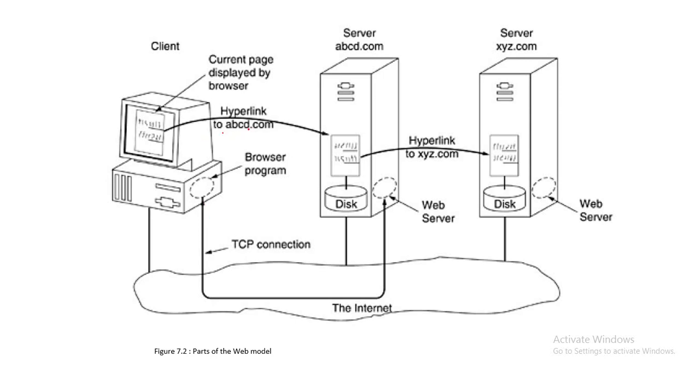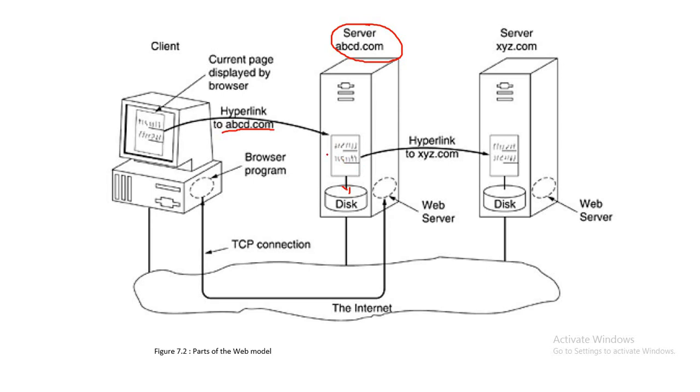Suppose a user is accessing abcd.com, so the server of abcd.com will respond with the home page from the disk. Suppose the page is available in the cache memory, then the server will respond from the cache memory. Otherwise, the server will access it from the disk and provide it to the client.